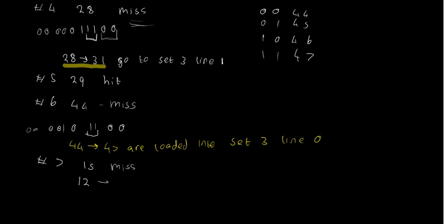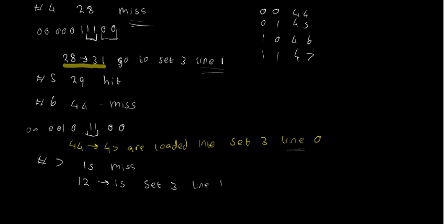They won't go into line 0, they'll go into set number 3. But the one that has been there the longest now is line 1, because we just replaced the contents of line 0. So this is going to go into set 3 line 1.